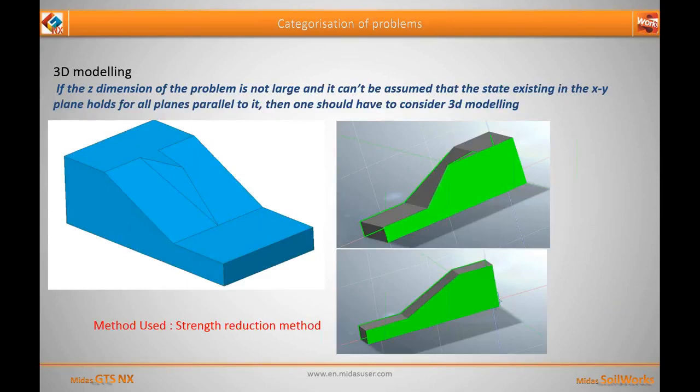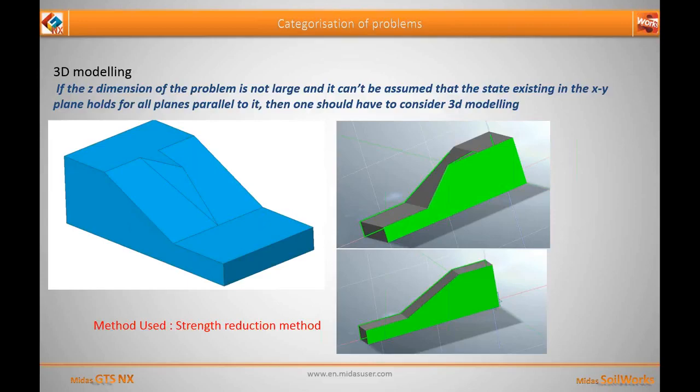Now the second type of problem is the 3D problem. This is the case when the z dimension of the problem is not very large, and you can't assume that the state existing in the xy plane holds for all the planes parallel to it. For example, you can see in the figure that there is a wedge kind of thing in the model.